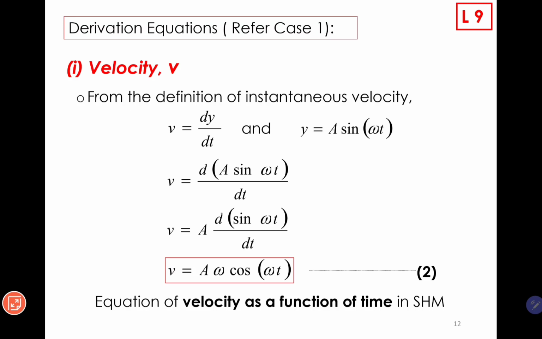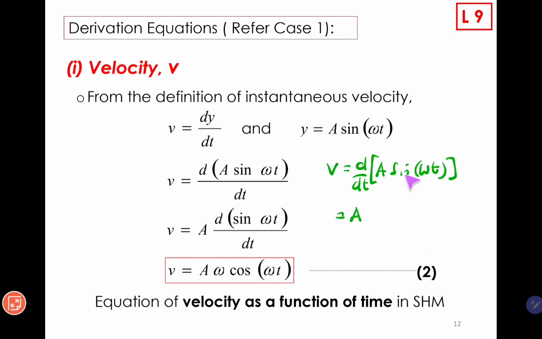Okay, don't be confused. Again, what do we have here? Let me show you again. Okay, so v equals d over dt of a sine omega t. In this case, we need to differentiate the first function, sine omega t, with respect to t, and the second part, omega t, with respect to t. Two different things, and a is just a constant.